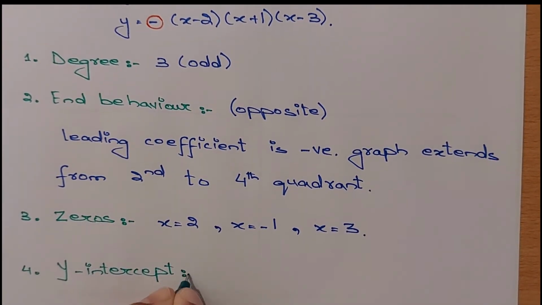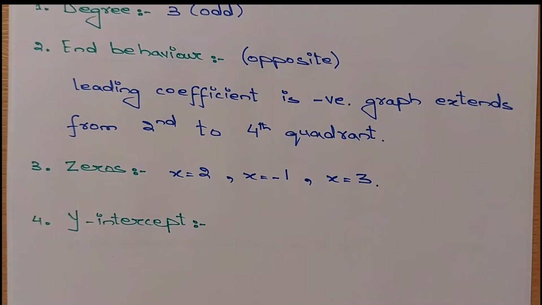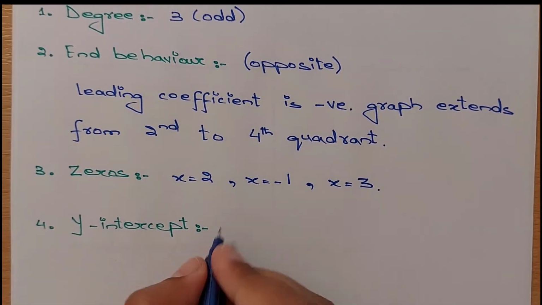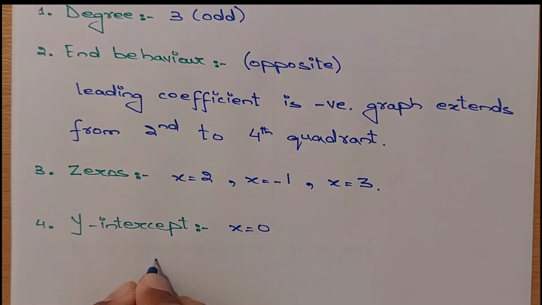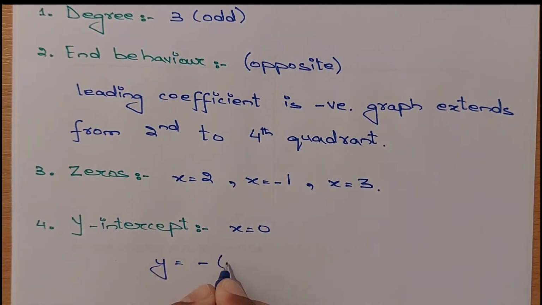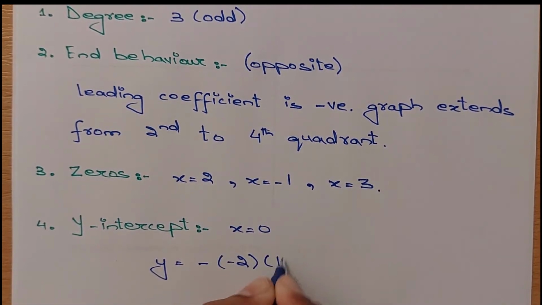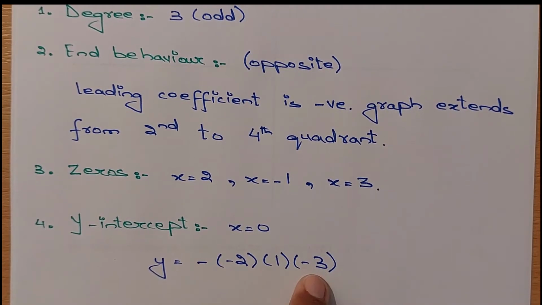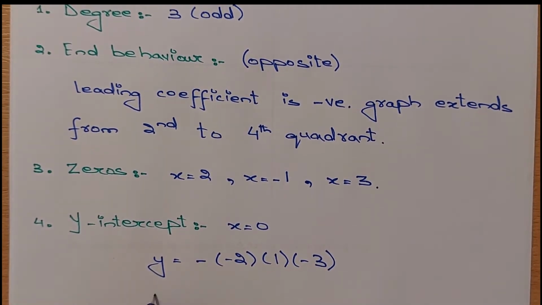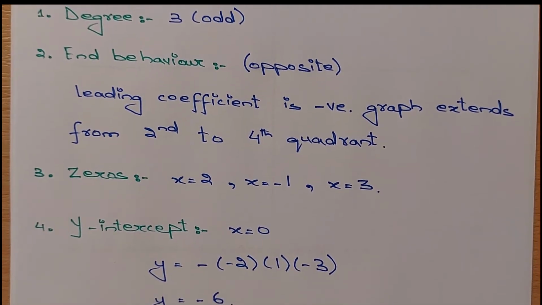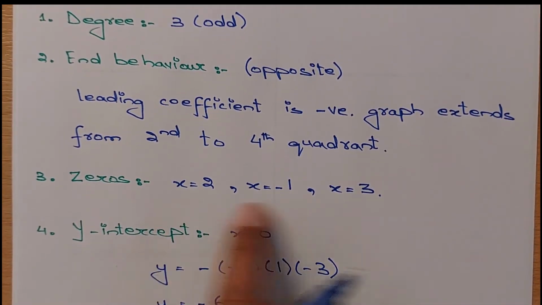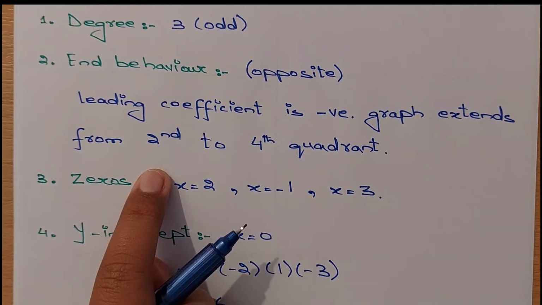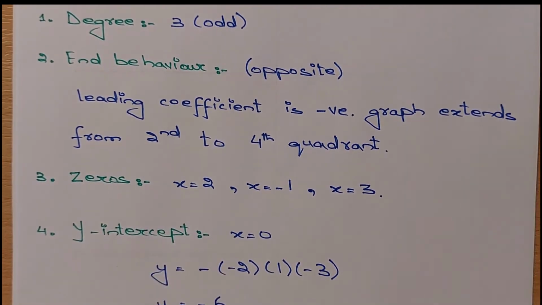We can find the y-intercept by putting x equals 0. So y equals negative of minus 2, 1, minus 3. 2 times 3 is 6, negative times negative is positive, and y equals minus 6 is the y-intercept, right?